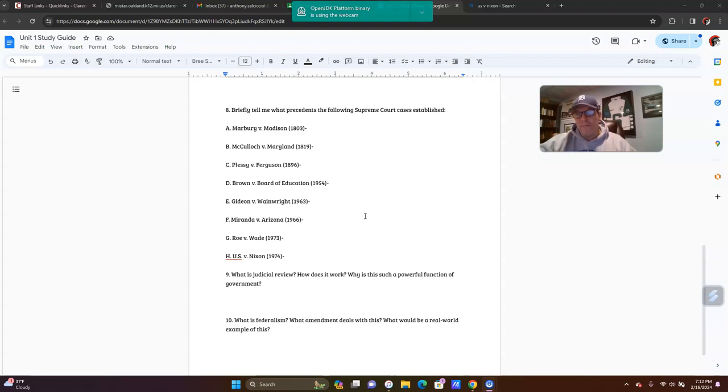Now, Miranda was a bad guy. He was arrested. He didn't know his rights, and so now when you are in that situation, you are read your rights. You have the right to remain silent. Anything you say can or will be used against you in a court of law. In fact, we call that reading of your Miranda rights.